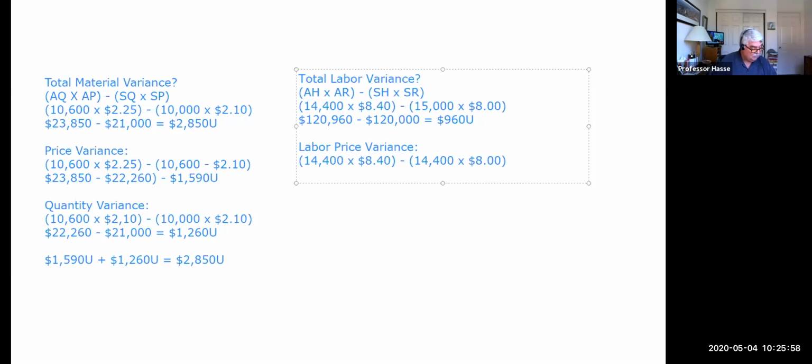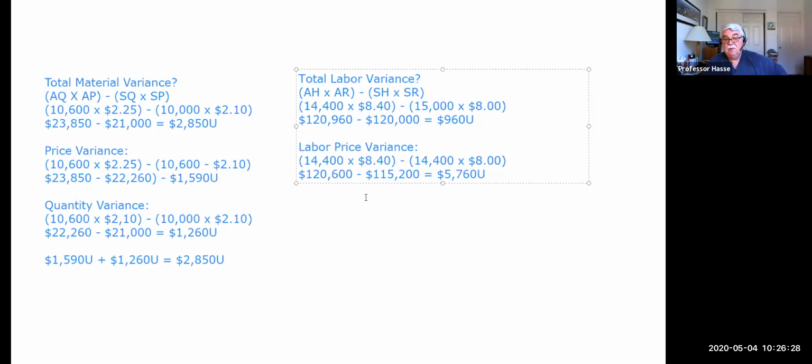So to do the math, $120,960 of actual labor cost minus the actual labor hours times the planned rate, $115,200. Ooh, we were really off in our labor rate. That's a $5,760 unfavorable variance in labor.